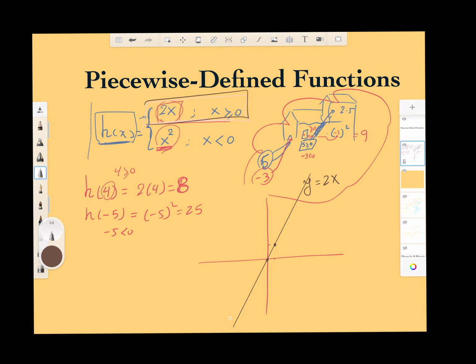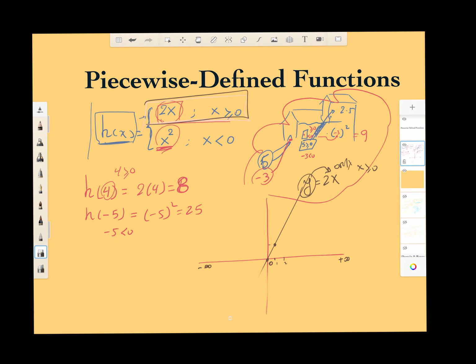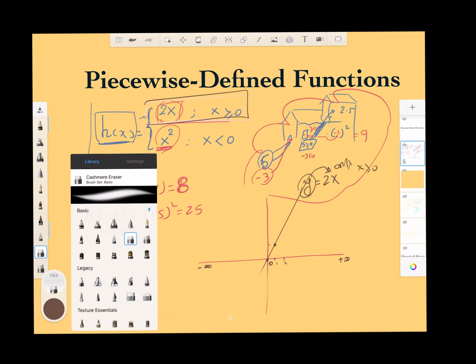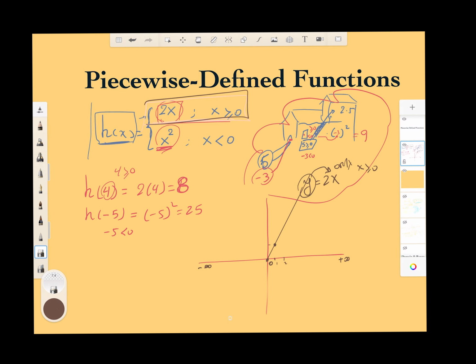This is the graph of 2x, but y equals 2x only when x is greater than or equal to 0. Here is 0, here is positive 1, positive 2, and the other side is negative. We don't accept the negative part, so we need to erase the other part. So only this part we accept.